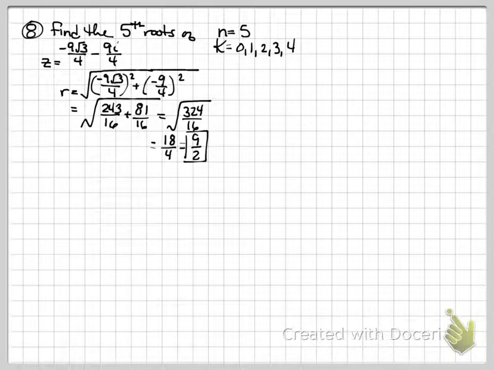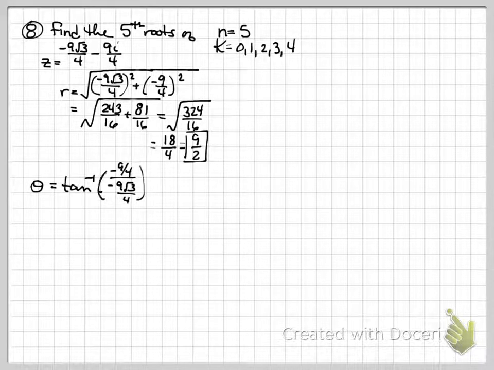Now to find theta is inverse tan of negative 9 fourths over negative 9 root 3 over 4. Okay, so the 9s are both in the numerators and the 4s in the denominators. Those are going to cross out.